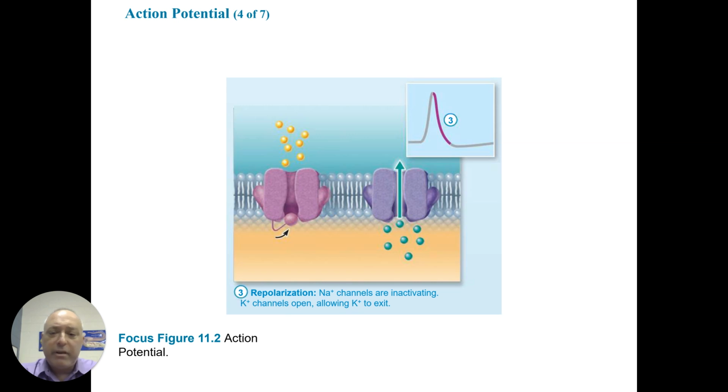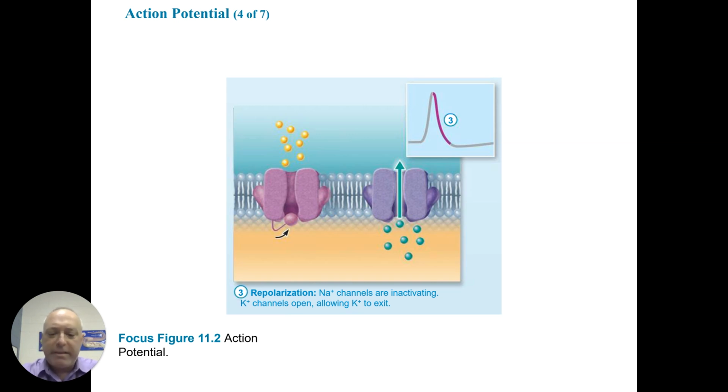And so the cell will depolarize this patch of membrane toward positive 30 millivolts. The sodium channels then close and the potassium channels open. At this time, the sodium channels are not only closed, but they're inactivated, meaning they cannot activate even with a greater stimulus.